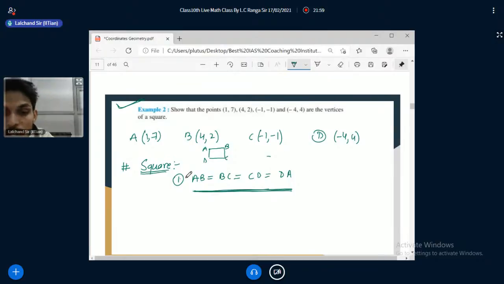So is this condition sufficient or not? No, this condition is not sufficient, because if the sides are equal, we can say this is a rhombus too. So how can you differentiate between a rhombus and a square? This is the same condition in the case of a rhombus and a square.